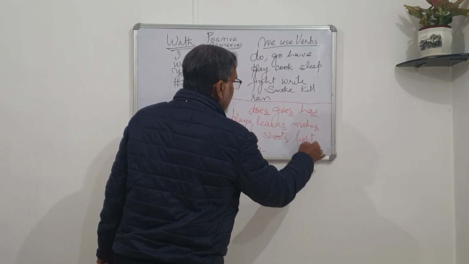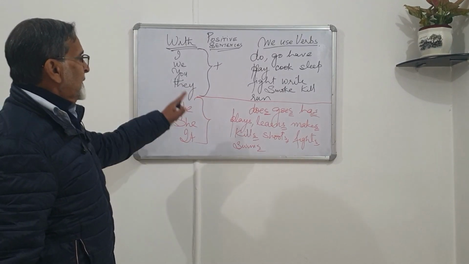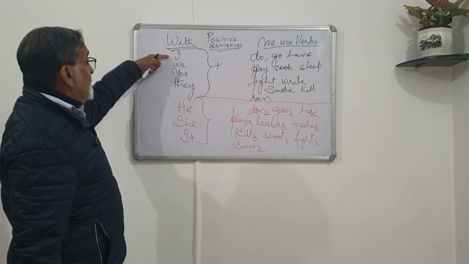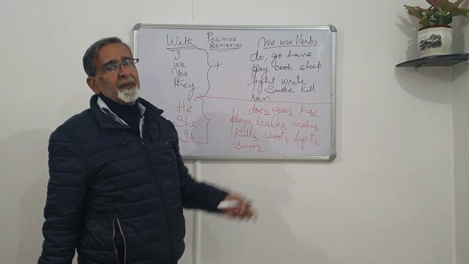So you see that with he, she, it, we use verbs ending with s. With I, we, you, they, we use verbs not ending with s.